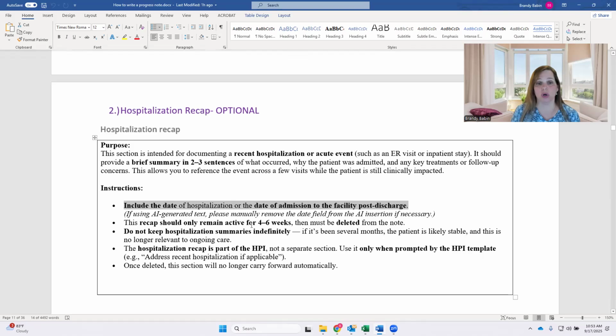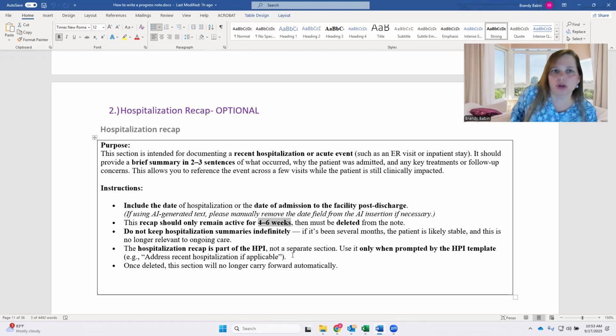This recap should only remain active for 4 to 6 weeks. So I've seen a lot of hospitalization recaps and I'm trying to search through how long it's been there. And some of them have been there 3, 4, 5 months. So they're no longer a fresh hospitalization. So they don't need to have this section filled out.